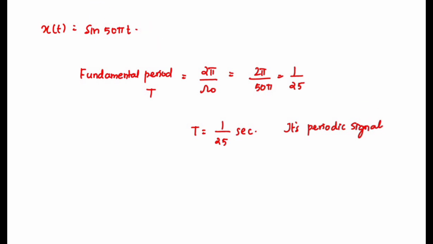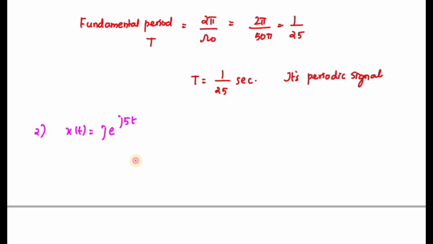So next let us go for the second problem. x of t is equal to j e power j5t. So what is the formula? T is equal to 2π divided by omega naught. So here 2π divided by 5.